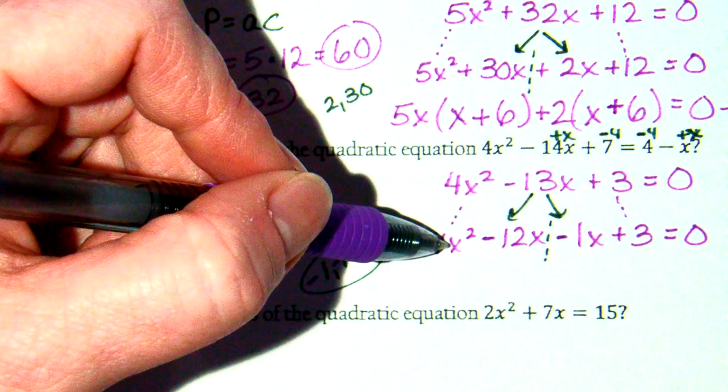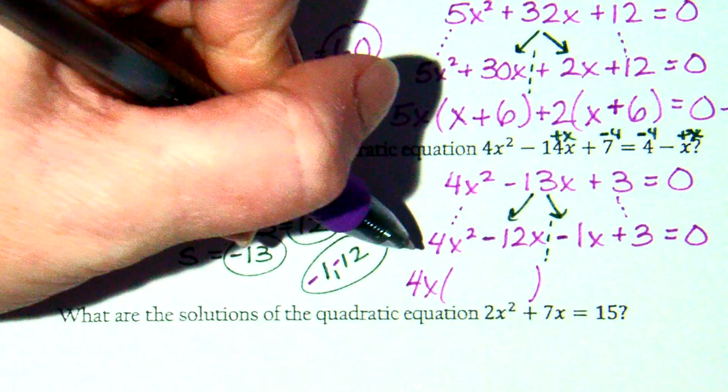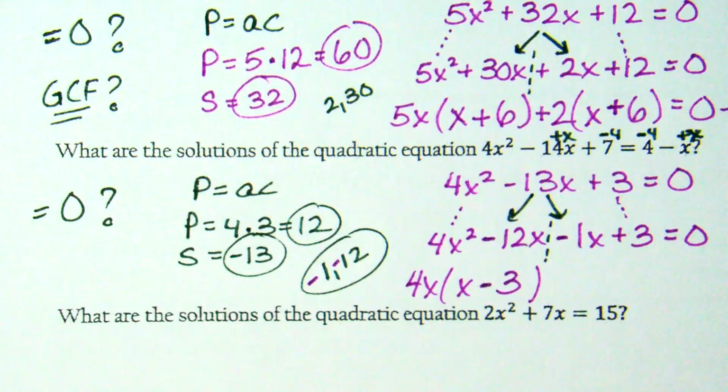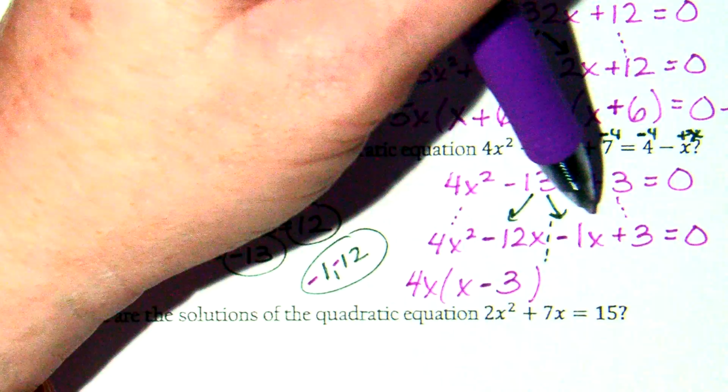They can both divide by a 4x. 4x squared divided by 4x is x. Minus 12x divided by 4x, minus 3. GCF of the second two. It's minus 1x plus 3.